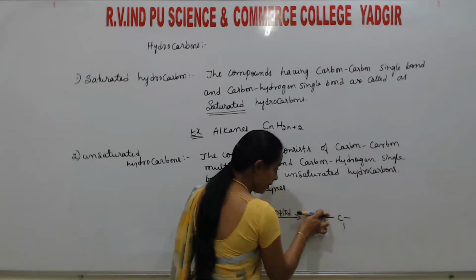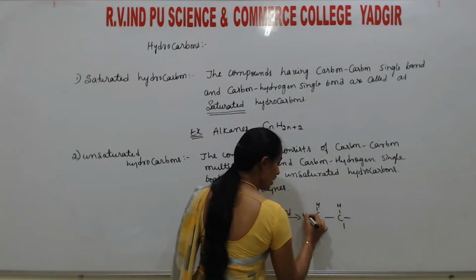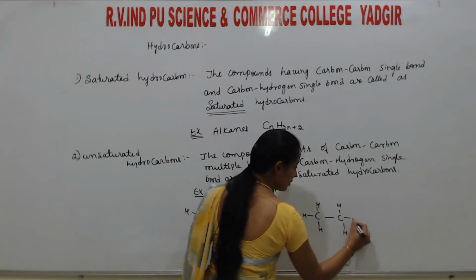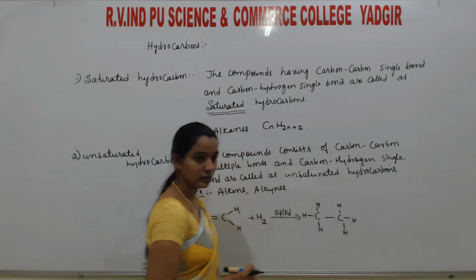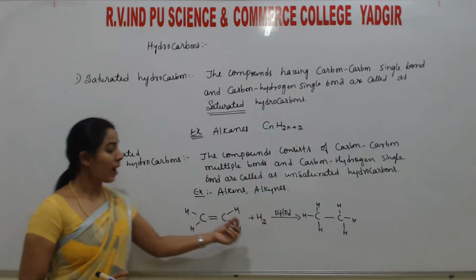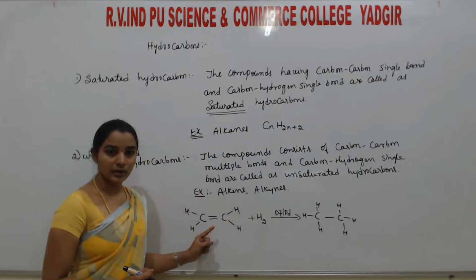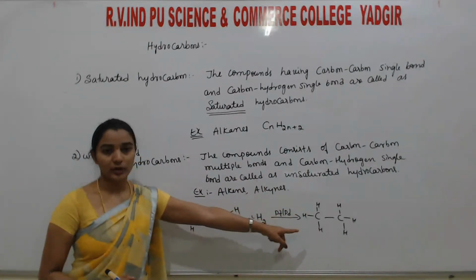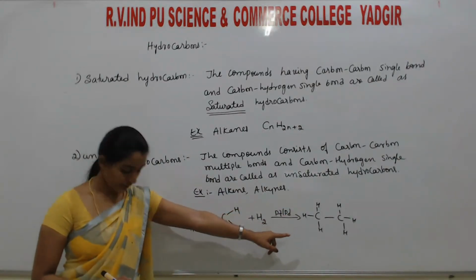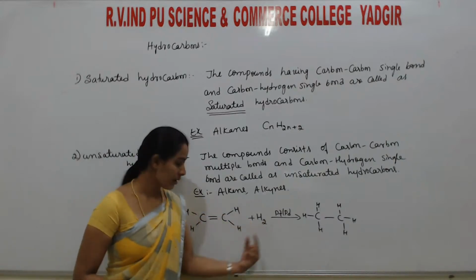So this double bond is removed by the addition of extra hydrogen atoms. Now it is satisfied. These are called unsaturated because atoms can be added to the multiple bonds. A multiple bond can convert to a single bond.